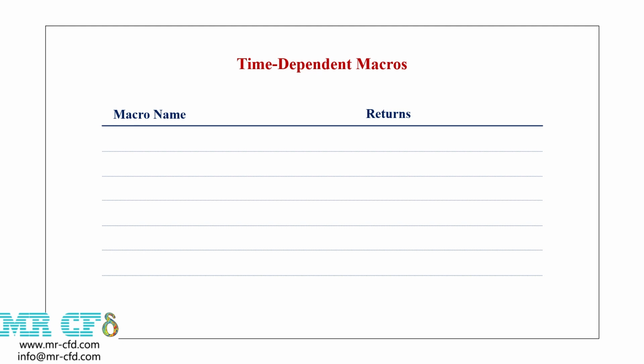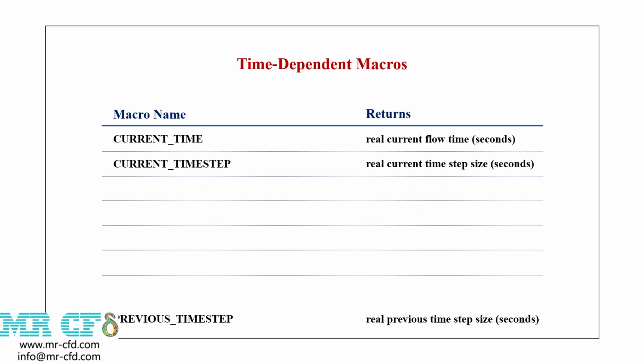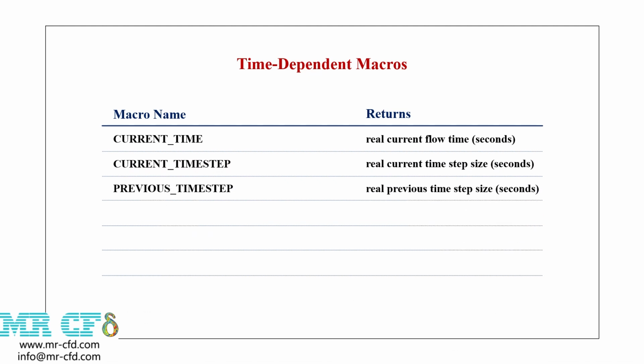And in this section, we want to introduce another category of macros that includes time-dependent macros. For example, the CURRENT_TIME macro represents the current time in seconds. The CURRENT_TIMESTEP and PREVIOUS_TIMESTEP macros represent the current and previous time step values, respectively.